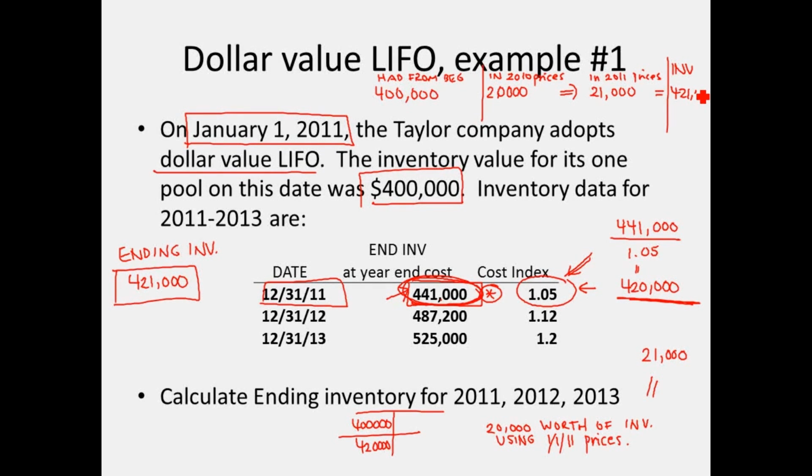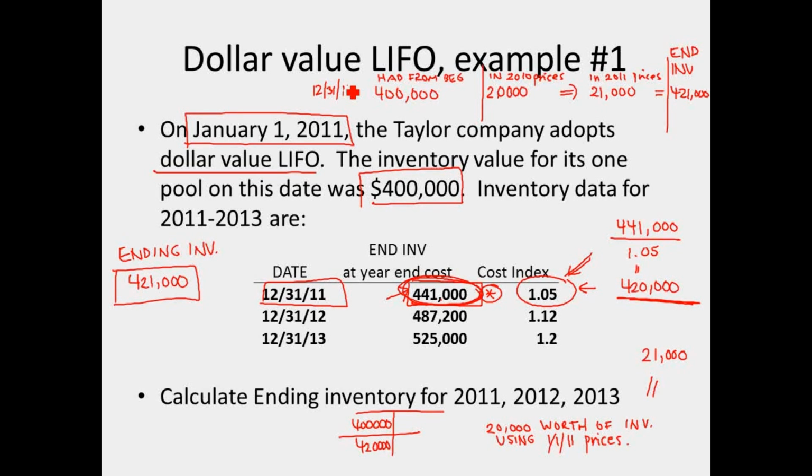Okay? So now we're starting 2012. So this is the ending inventory at 12/31/11, but it's also the beginning inventory for 1/1/12, right? So what do you want to know?